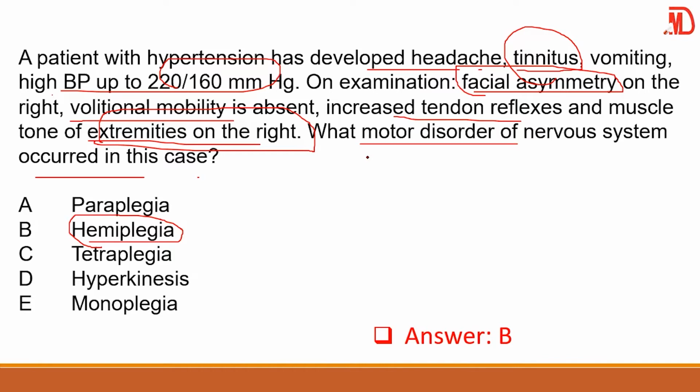They call it FAST. F is facial paralysis, A is arm paralysis or problems with the arms, inability to lift the arm. Then the S talks about speech. The T talks about time. So this is a mnemonic that helps you to immediately diagnose a person as having a stroke. That's just by the way. You're not yet in final year, but if you're in final year, you understand this better. Okay, so the answer is B.